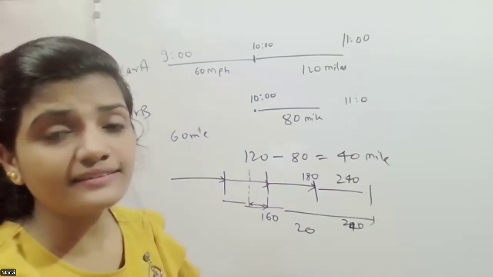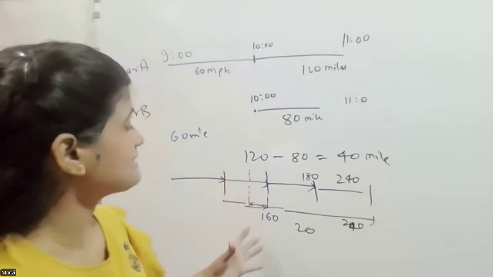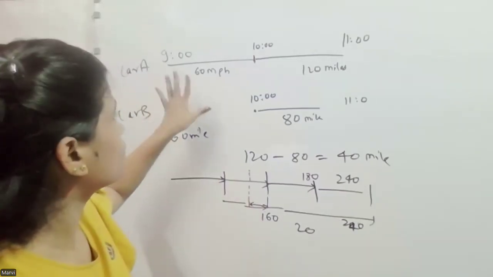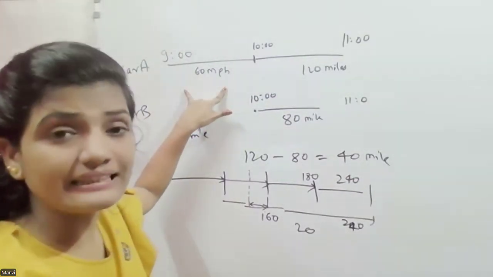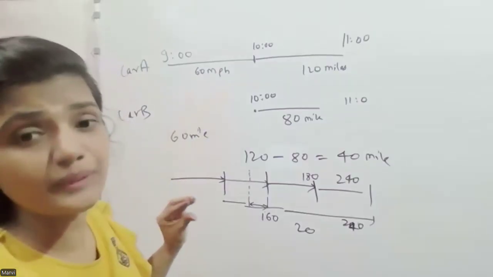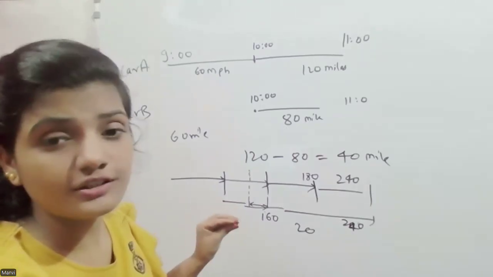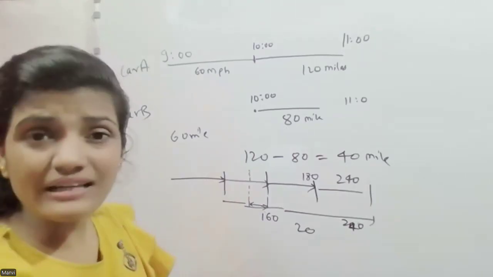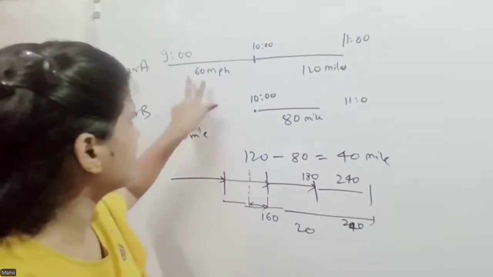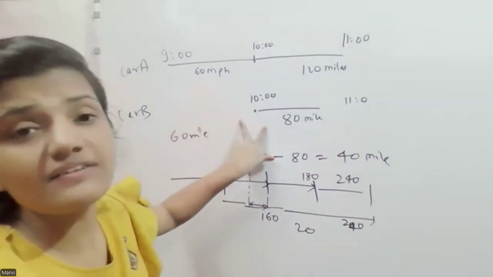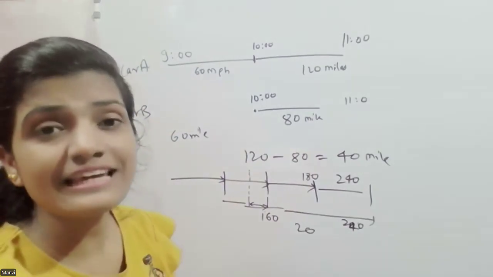But how can you calculate this in an easier, quicker way? The quicker way is to first find the extra distance and then the actual speed. The actual speed is 20 miles per hour. Why? Because A travels at 60 miles per hour, B travels at 80 miles per hour, and both are in the same direction.